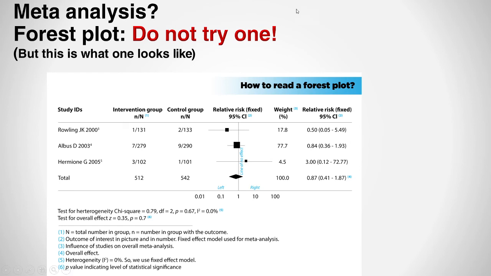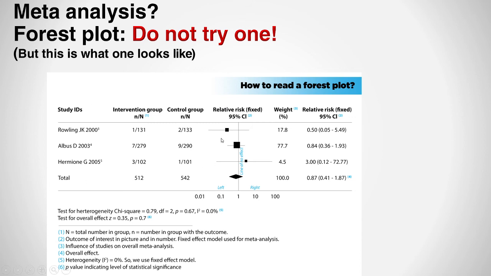I mentioned at the start of the session that you'll come across systematic reviews, and you'll also come across the systematic review and meta-analysis. Don't worry about these. A meta-analysis is just some statistics stuck on the end of the systematic review, and it shows numerically the effect size of an intervention or treatment.